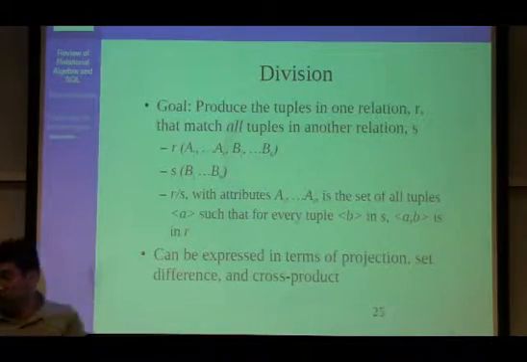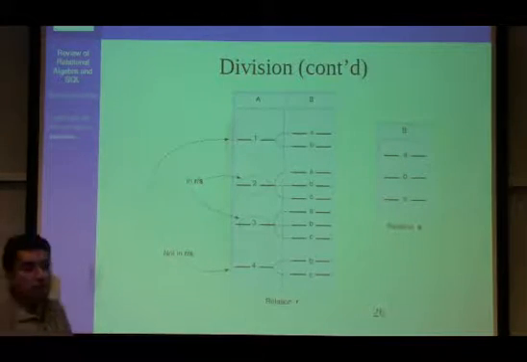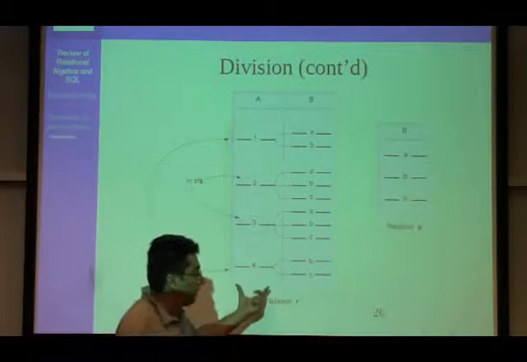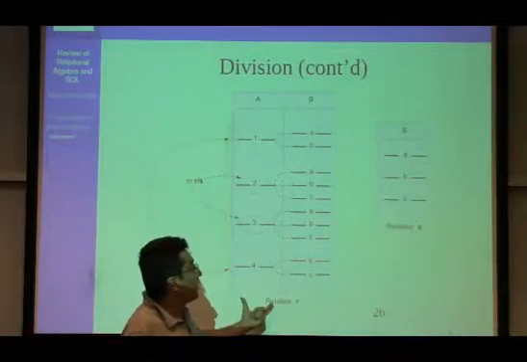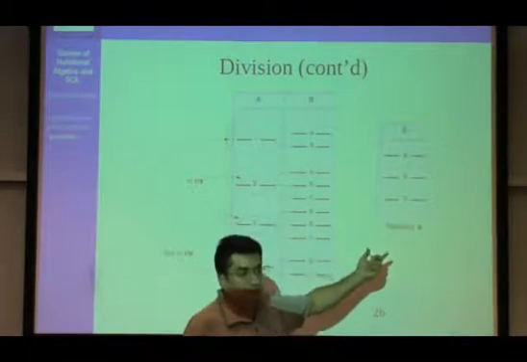S has B1 to BM. So here, M and N are both 1. We have one column that is not included in relation S, and relation S has only one column.